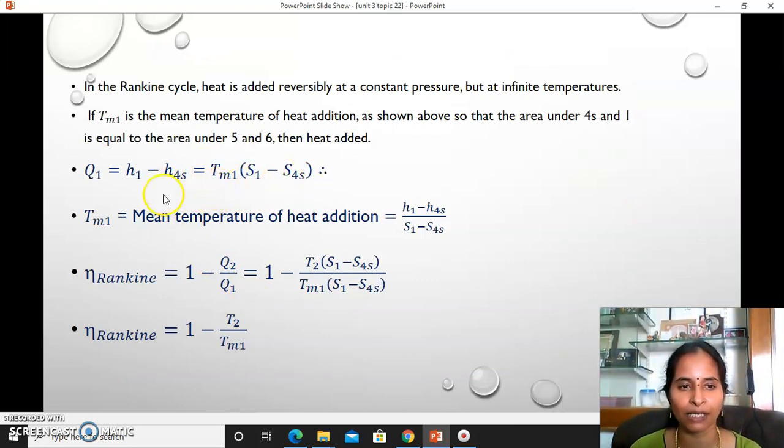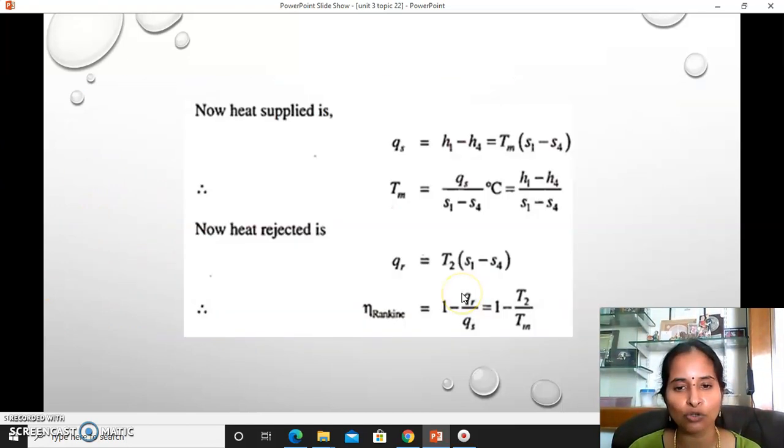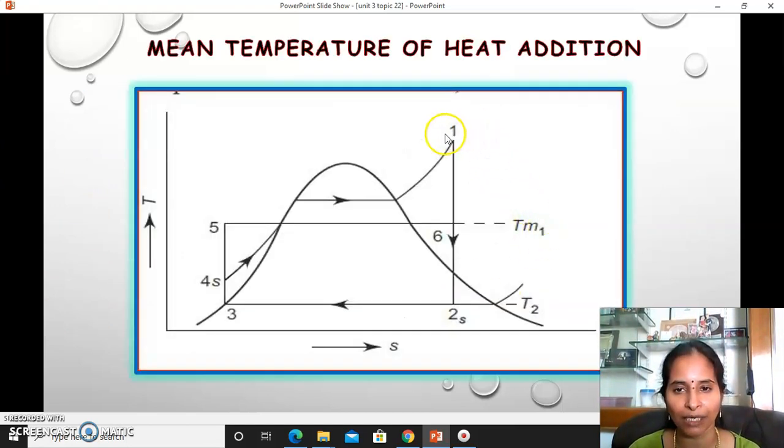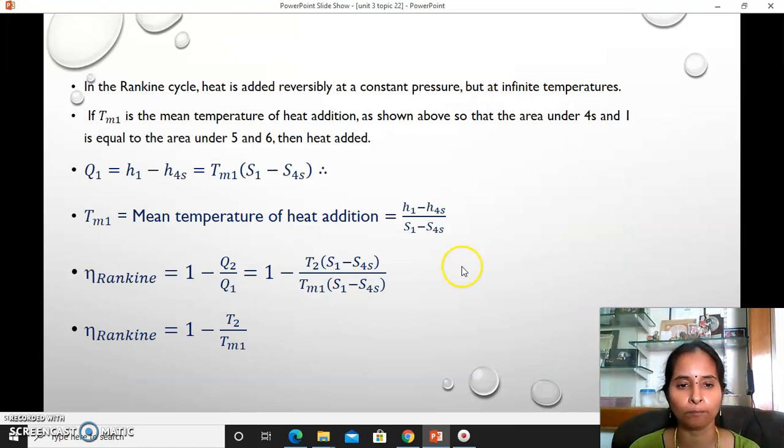T ds will give you enthalpy, that is the heat supplied, and then you can find the mean temperature of heat addition by the formula of difference in enthalpy divided by difference in entropy between the conditions, and from this mean temperature of heat addition, you can fix your superheated temperature.